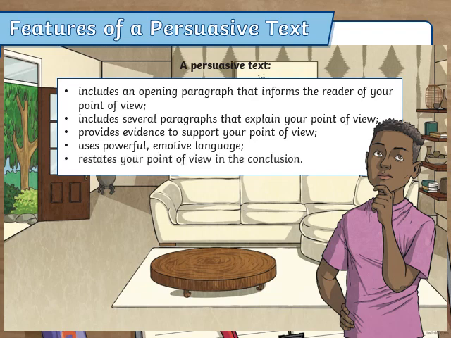The last thing, you are going to restate your point of view in the conclusion. So, in persuasive text, we have an opening paragraph, we have the body, several paragraphs explaining your point of view, evidence to support this point of view. You have to use powerful emotive language, and the last thing, to restate your point of view in the conclusion.